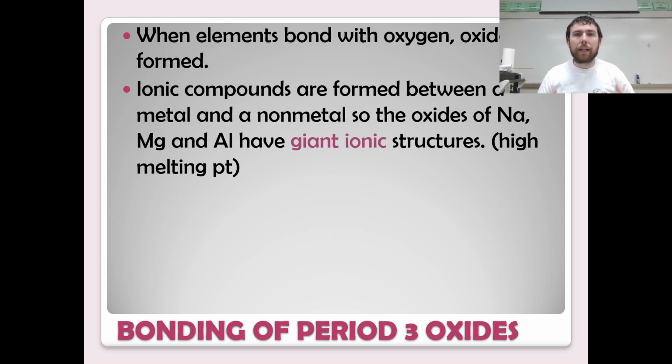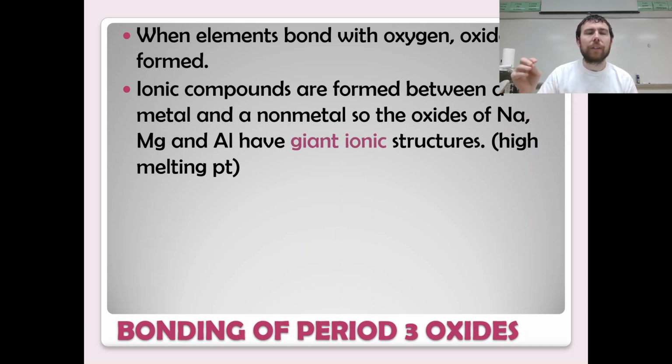Now, for our ionic compounds, so that would be with your substances of sodium, magnesium, and aluminum, it forms an ionic compound because you've got a metal and a non-metal, or even more specifically, a cation and an anion. They tend to have giant ionic structures, right? So they have these large ionic structures. They're held together really tightly because you've got transfers of electrons from the metal to the non-metal.